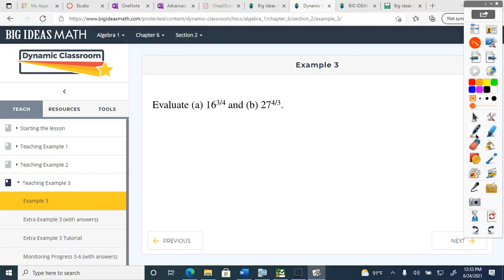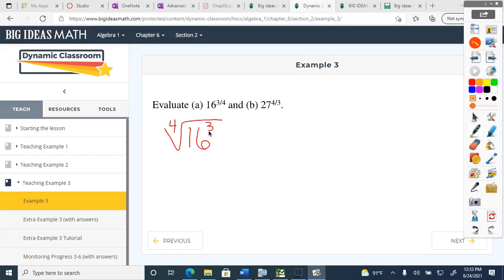Now, just to show you that we can change this to radicals if we wanted to. Okay? What root would this be? Remember, the root comes from which part of the fraction? The denominator. So this is the 4th root of 16 cubed. And the next one's the 3rd root. It's not asking us to do this because we can just stick it in our calculator and get the answer.